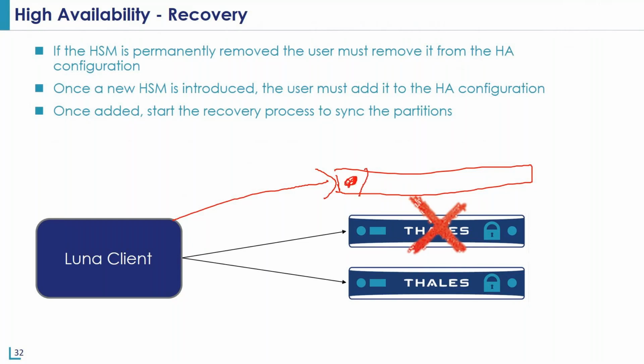Then add the new member to your existing HA group. Once you add it, do a synchronization. This member will be part of your HA group. So adding and deleting a member is very easy. We're going to see in the demo as well the commands to create HA, add a member, or delete a member.